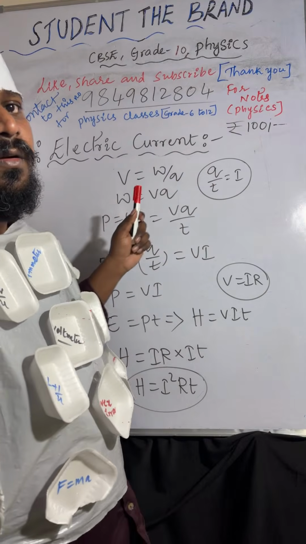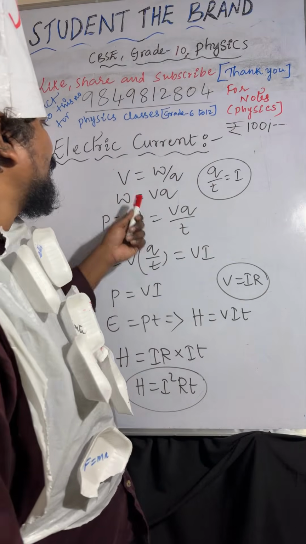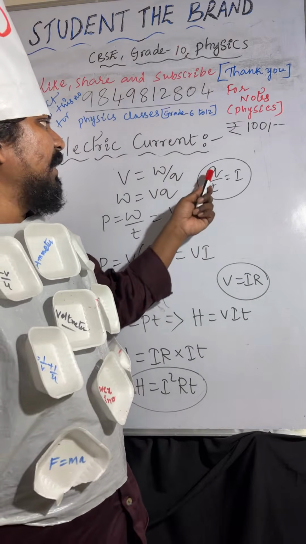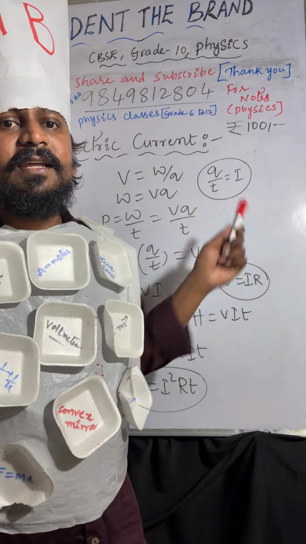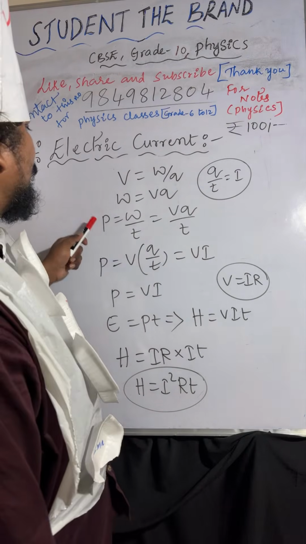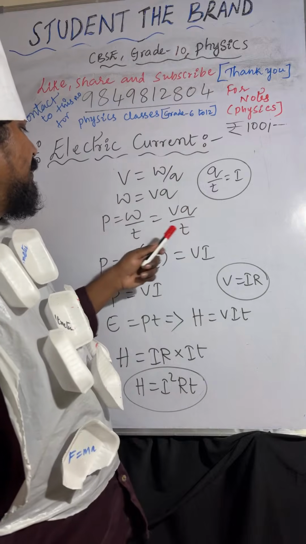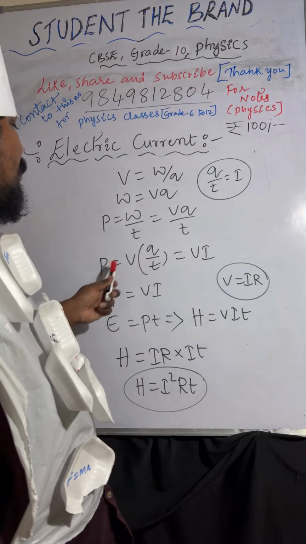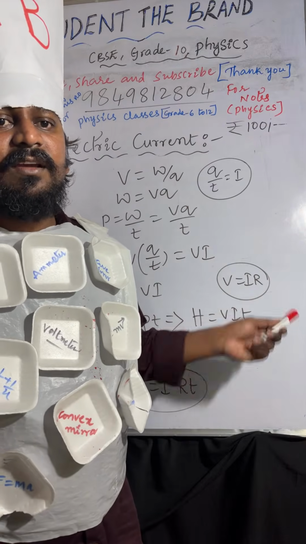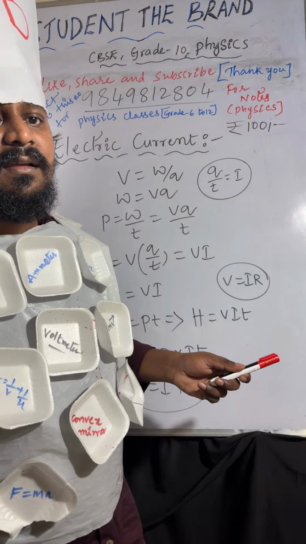P equal to W by T, so P equal to VQ by T. Q by T is I. So P equal to VI. V equal to IR.